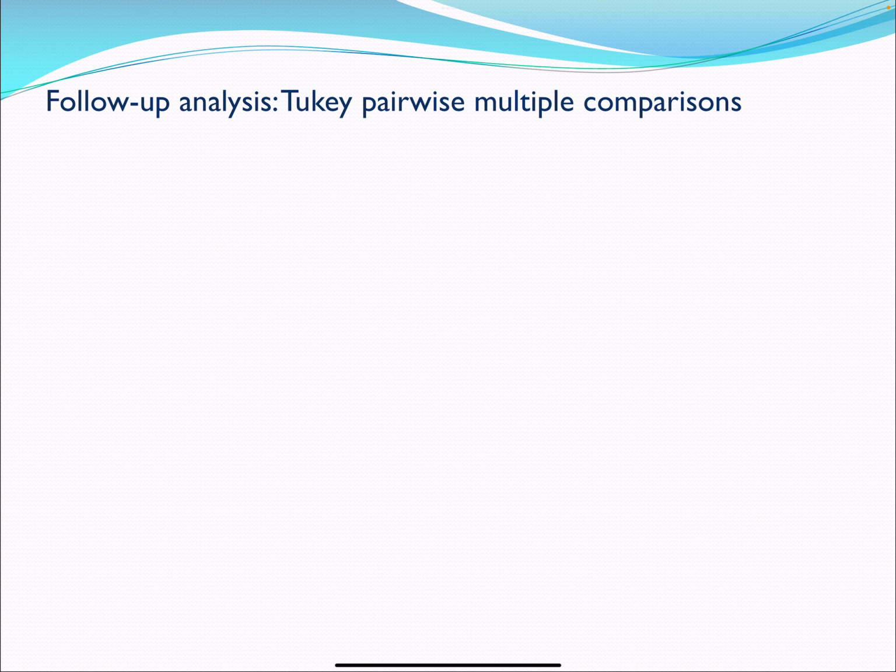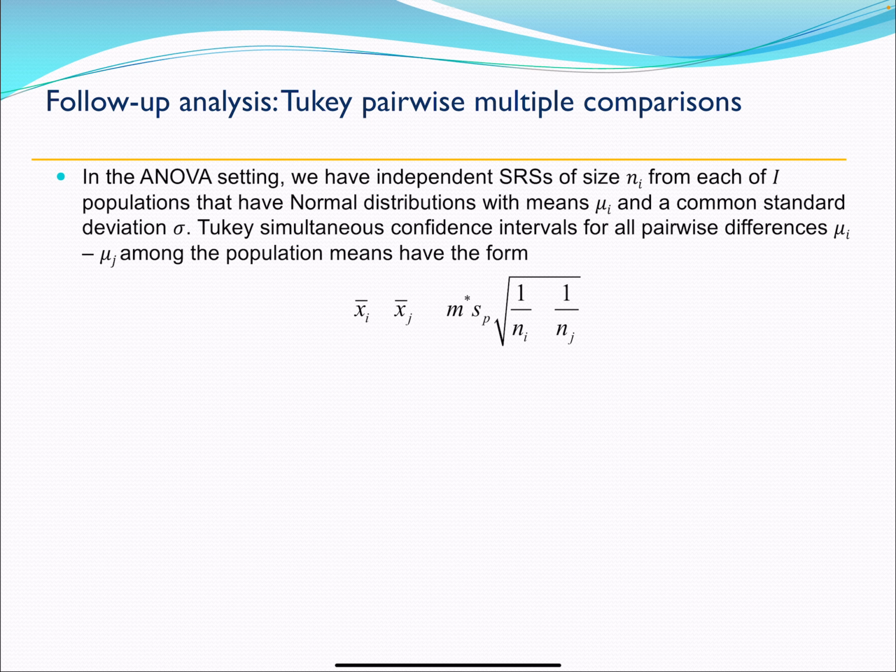Let's talk about Tukey's pairwise multiple comparison. So in the ANOVA setting, we have independent simple random samples of size n_i from each of I populations that have normal distributions with means mu_i and common standard deviation sigma.